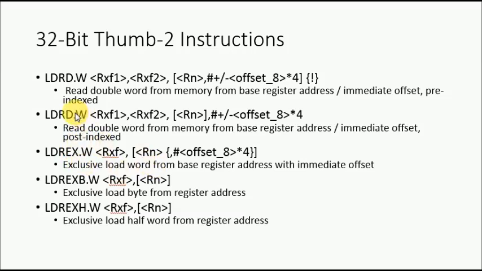You can see the D, that is D.W, double word. And here 64-bit data is transferred from the memory to two different registers. Here the word is transferred, that is 32-bit. Here a byte is transferred, that is 8-bit. And here the half word is transferred, that is 16-bit.